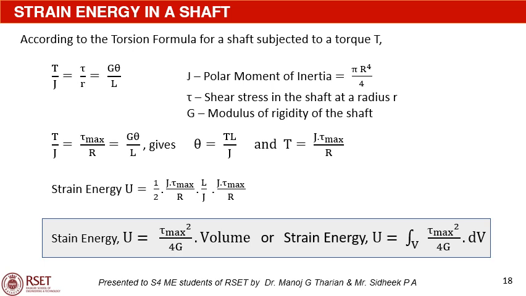The general expression for the strain energy stored in the shaft is U is equal to integral over the volume V of tau max square by 4G into dV.